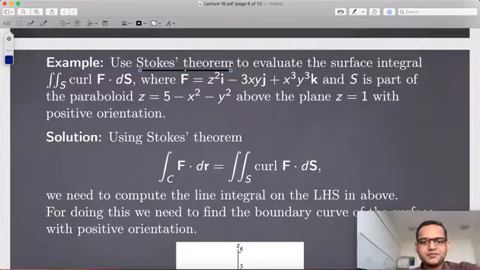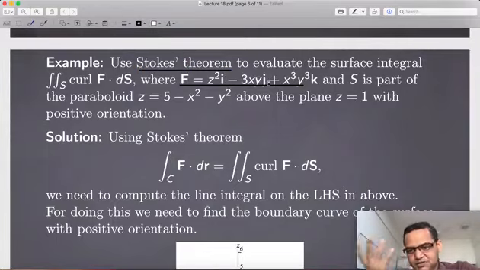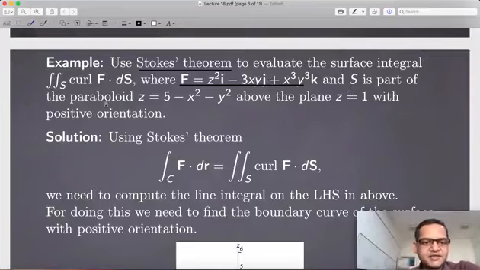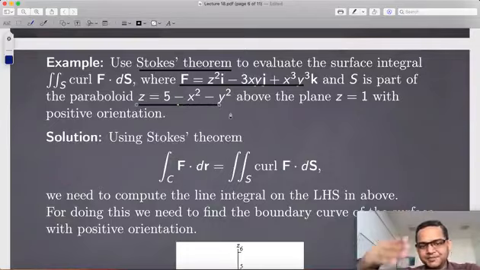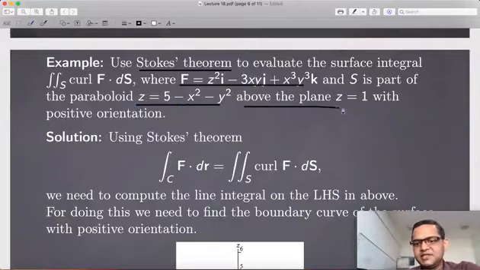All right, so here the vector field is given by this, and the component functions are just polynomials in x, y and z, so it's fine, because all the continuity and the partial derivatives make sense. And the surface is given by the paraboloid. This paraboloid is above the plane z equal to 1, with positive orientation.